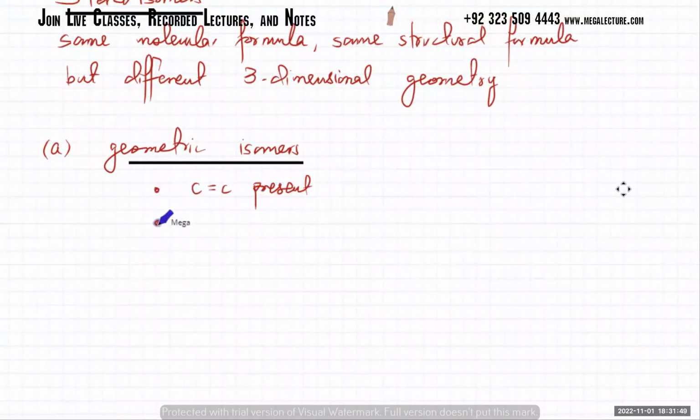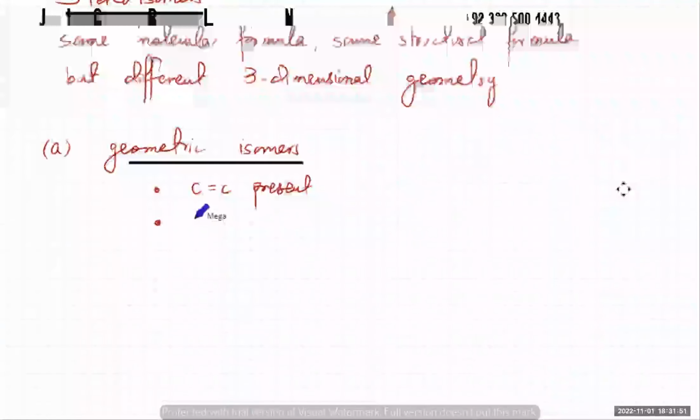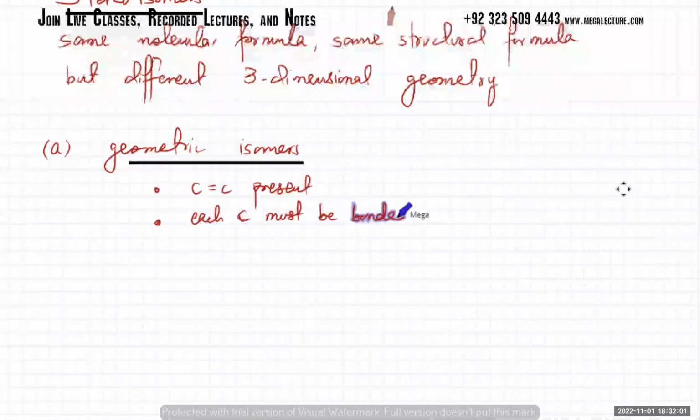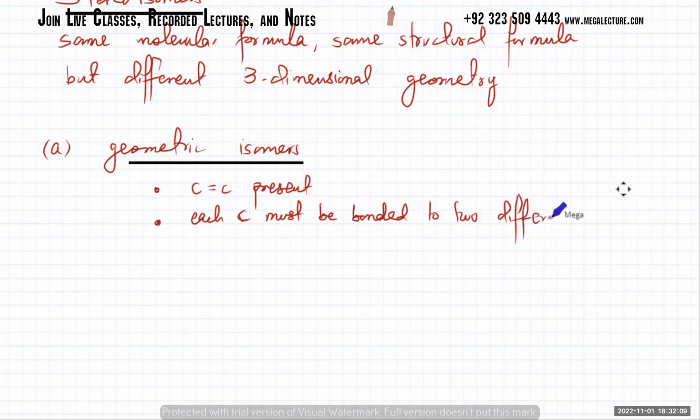Second जो चीज थी ना, that was that each carbon atom must be bonded to two different groups. ठीक है, they got to be bonded to two different groups.